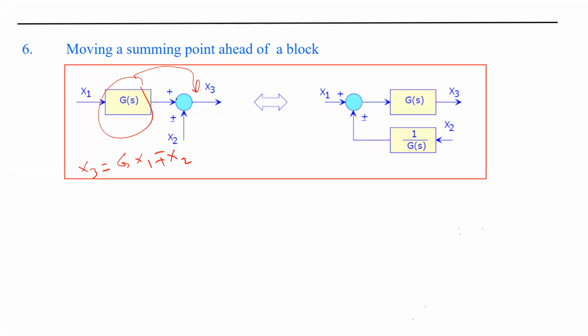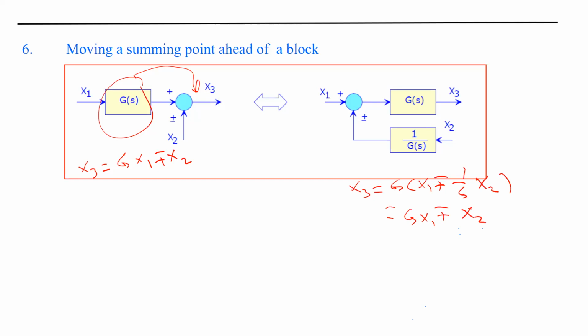Now, if I interchange, I'm putting x2 through the summing point, sorry, and it's going to be multiplied by g. So I must divide the signal in here. Because if you look at this one now, x3 equals g times x1 plus or minus 1 over g times x2, which is equal to g x1 plus or minus x2, exactly the same as the one before.